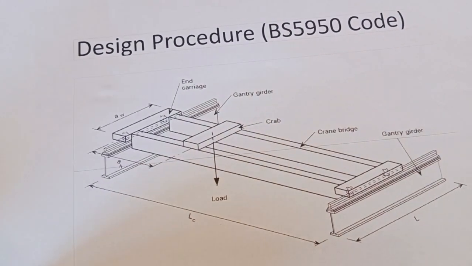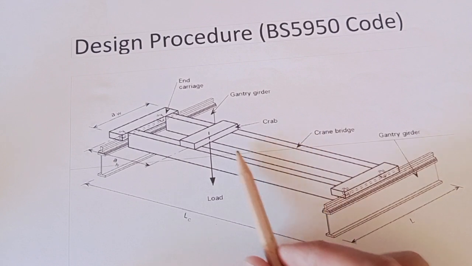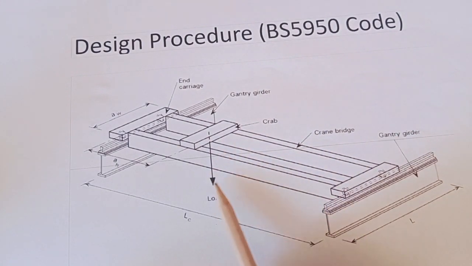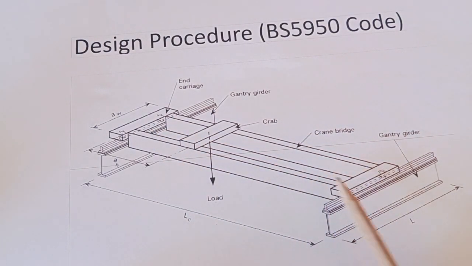Let's talk about the design procedure. Here, same arrangement. We have the crane bridge, crab, hook point, and end carriage on both ends, with wheels. Normally we use 2 wheels at specified centers.